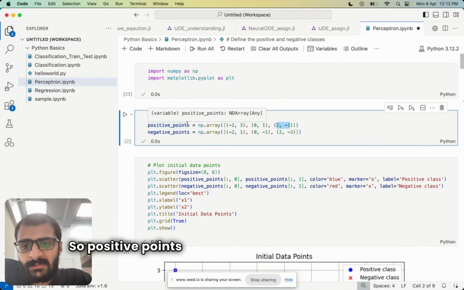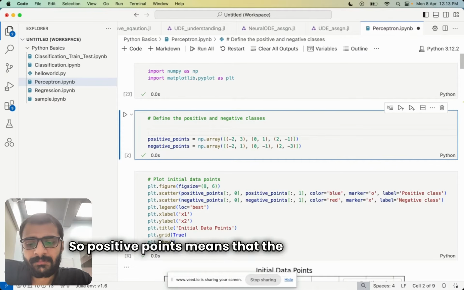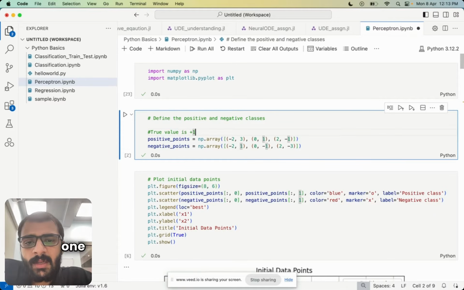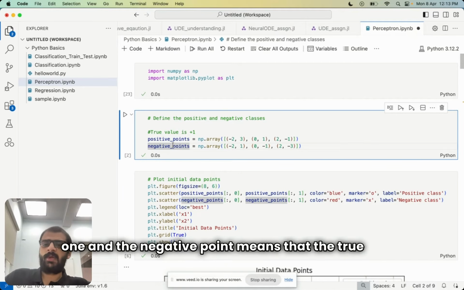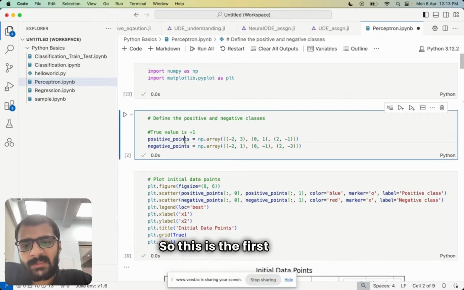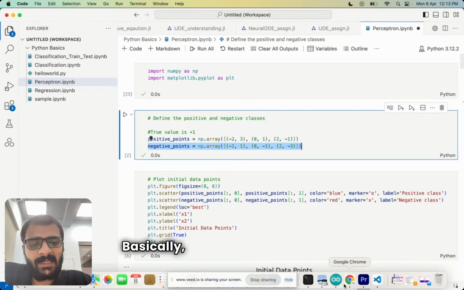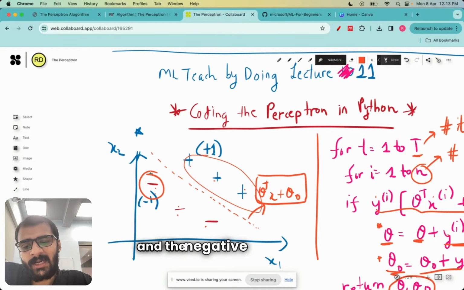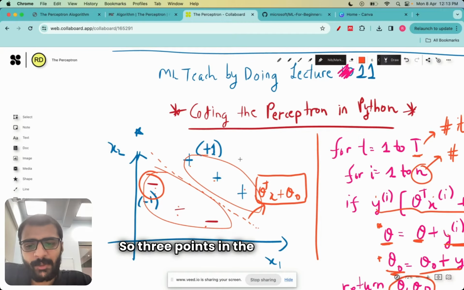So positive points means that the true value is +1, and the negative point means that the true value is -1, or it is the second class. So this is the first class and this is the second class. Basically, the positive class is this and the negative class is this. So 3 points in the positive class and 3 points in the negative class.